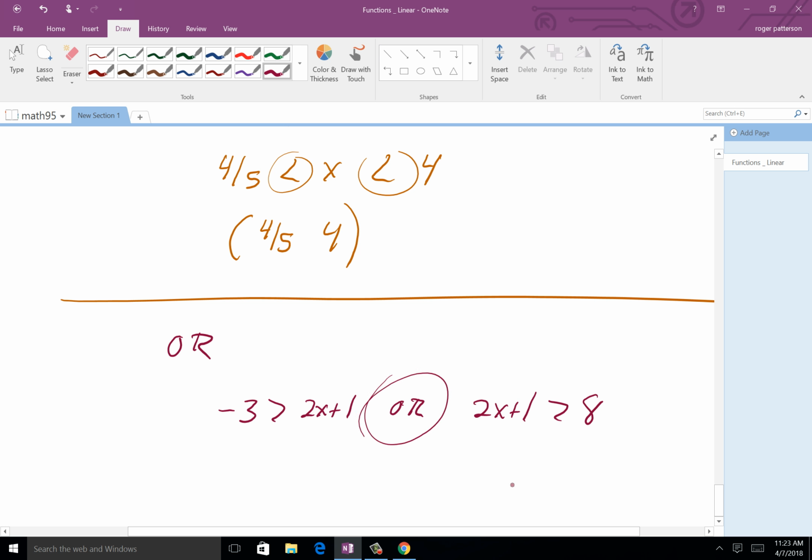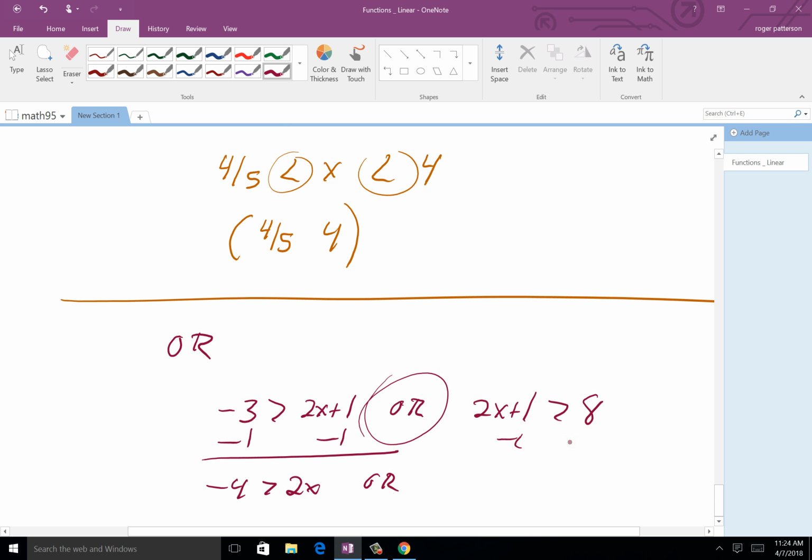Or divide by 2. So I get this, or I get this. Oops, 7/2. So in a graph, this looks like this.